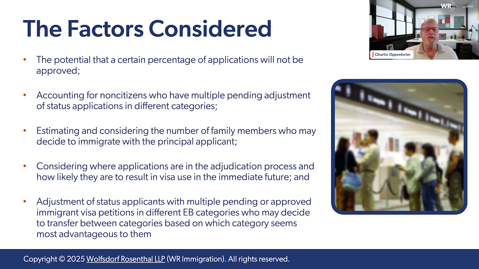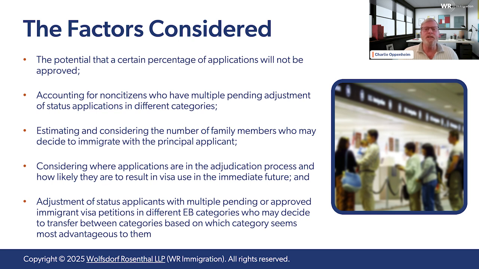In terms of having multiple pending adjustment of status applications, that is not something we could really consider. If you had an approved petition in, say, the third preference category, and filed it based on the application filing dates, then when your case is finalized a number may not be available at the time, but USCIS would report that case to the State Department.